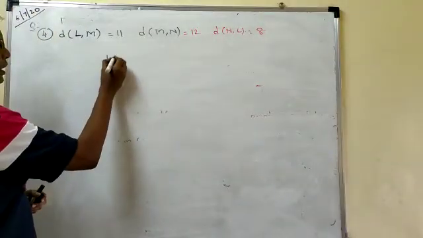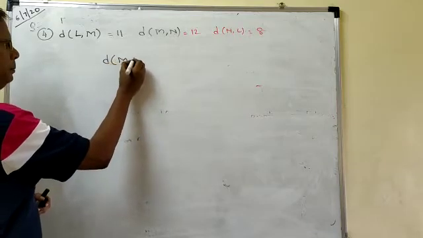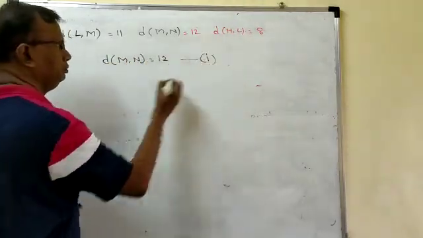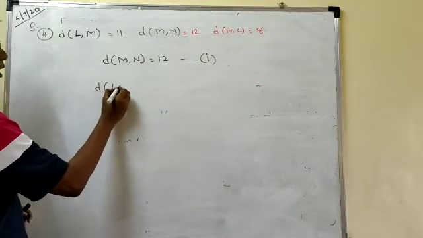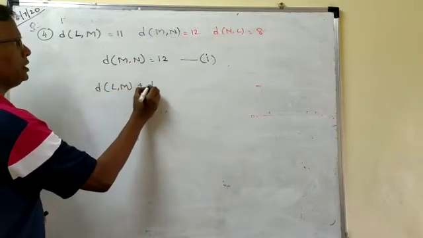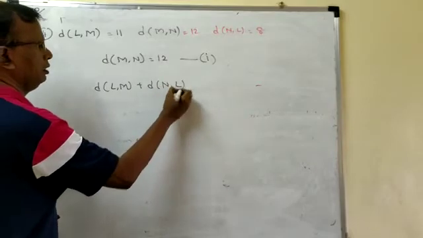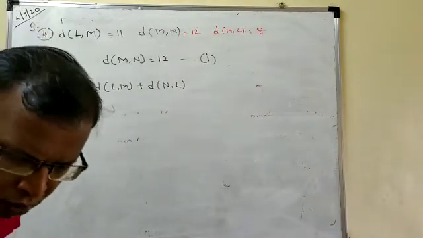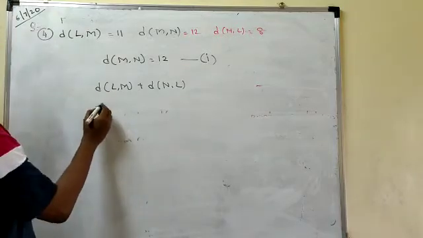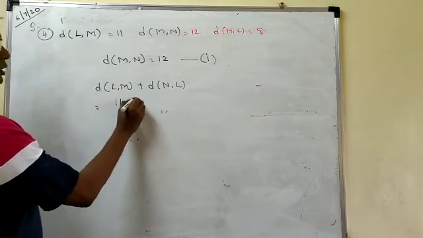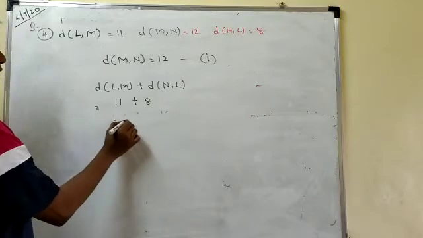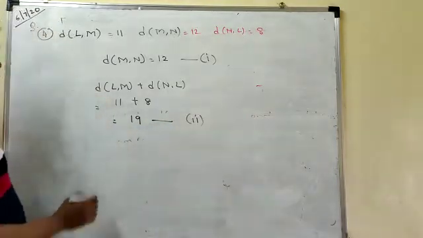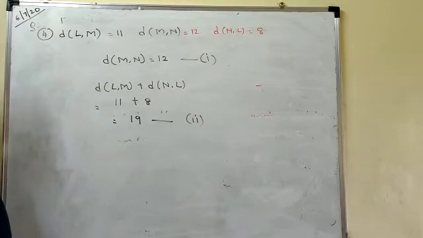So we say distance MN is 12. That we write as equation 1. Then distance LM plus distance NL. What is LM? 8. NL is 8. That is 16. This is equation number 2. Are they equal or not equal? They are not equal.